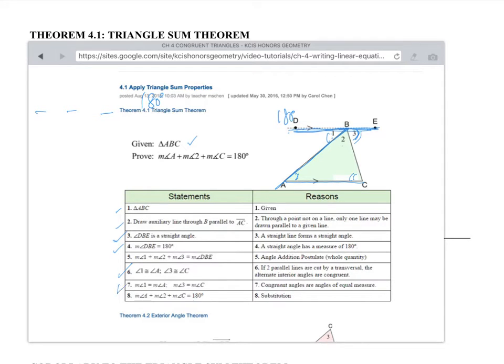And then I could change this to measure angle 1 is equal to measure angle A, and measure angle 3 is equal to measure angle C by the definition of congruent angles. And then by substitution, I can state that measure angle A plus measure angle 2 plus measure angle C is 180 degrees. And that's the proof.